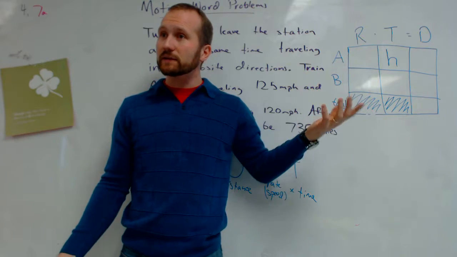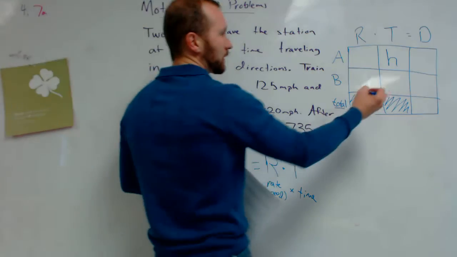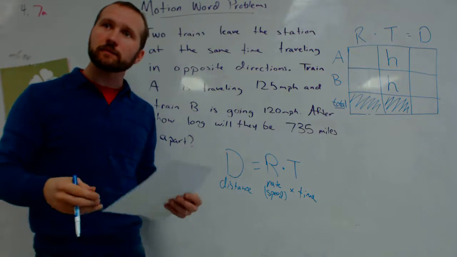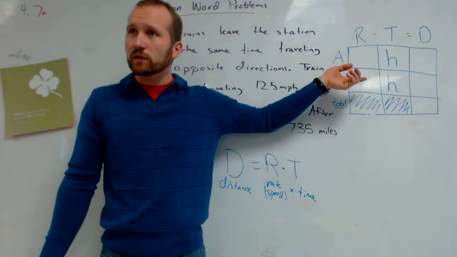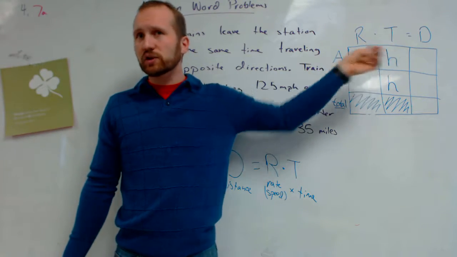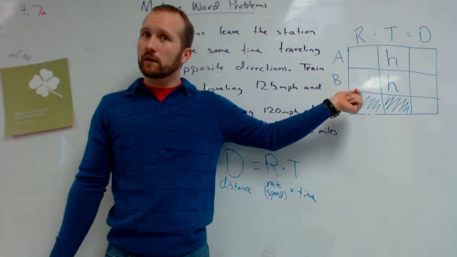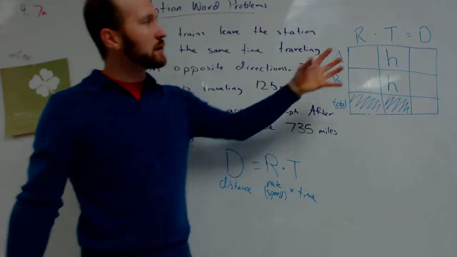They've been traveling for the same number of hours. So h would be the time for both train A and train B in this problem. If one of them left 2 hours earlier, we'd have to say like h and h minus 2. Right? But in this case, they left at the same time. So our variable is time.